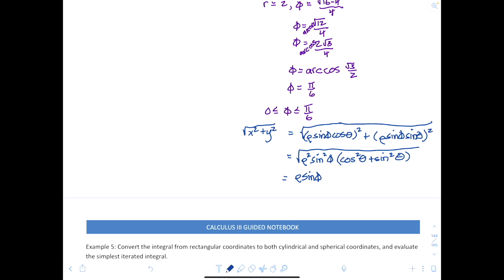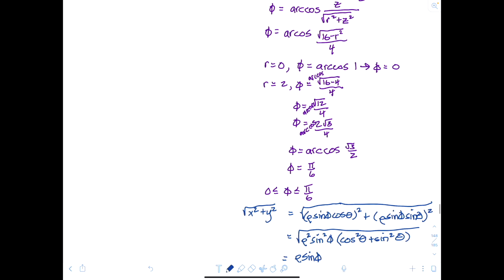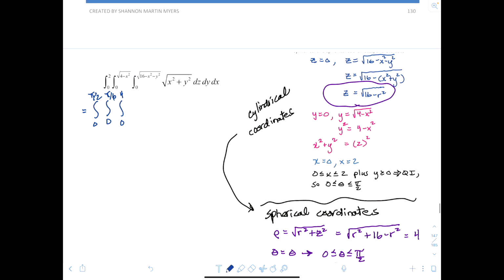Now, we know that phi is between 0 and pi over 6, and we know rho has to be positive. So we will just examine the positive root. Plus both x and y are greater than 0. So here we go. This will be rho sine phi. That's from the square root of x squared plus y squared.